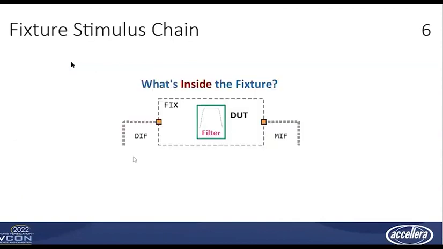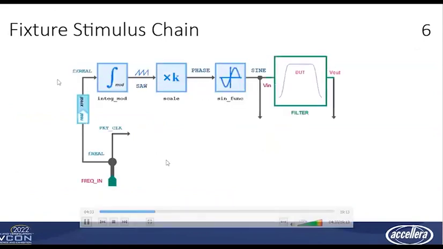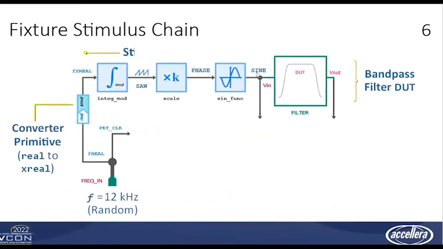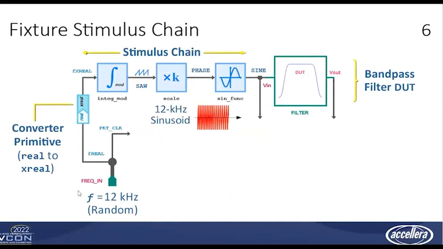Here's our fixture submodule containing the DUT, and let's look inside and see the XModel instrumentation used to apply inputs. We've got a chain of several XModel primitives, starting with the random frequency chosen by the UVM sequence, 12,000 Hertz in this example. We first convert it from real type to xreal, which is one of the workhorse types in XModel.